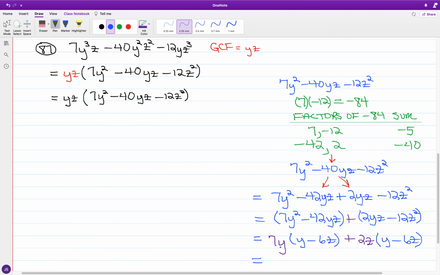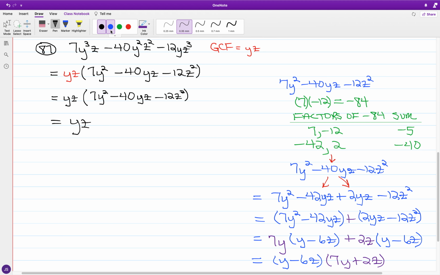If you notice, once again, we have a common binomial factor from the groups with y minus 6z this time around. And the other binomial factor will come from the outside terms, whereupon we have 7y plus 2z.